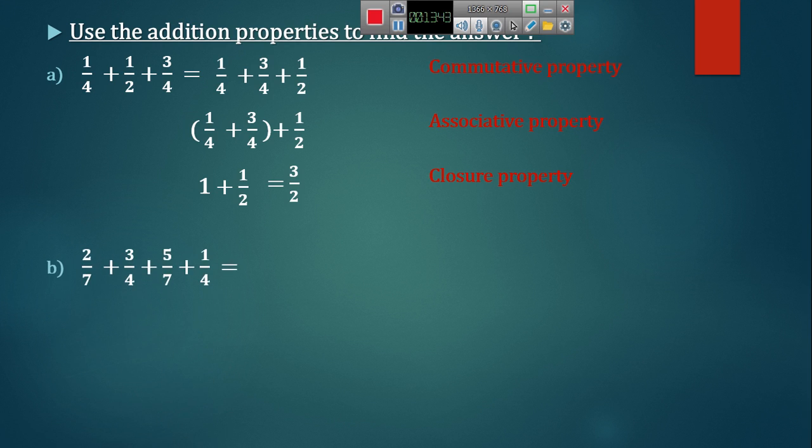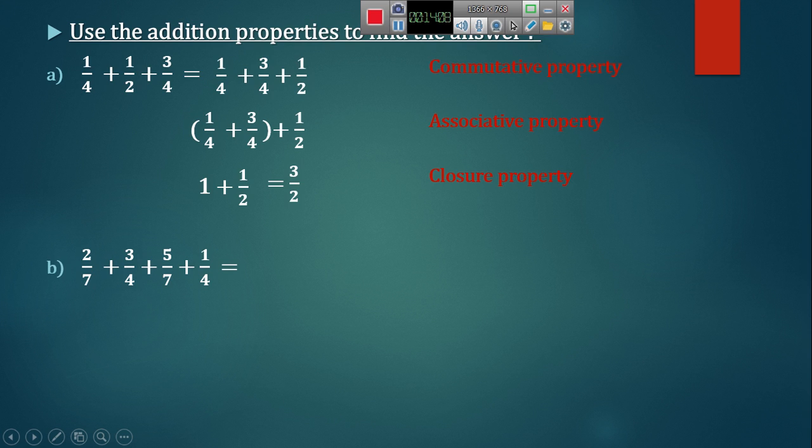Let's solve one more question. 2 over 7 plus 3 over 4 plus 5 over 7 plus 1 over 4. I think adding these two fractions, 2 over 7 and 5 over 7, since they have the same denominator 7, we can start adding both of them first. This is easier than adding different denominators.